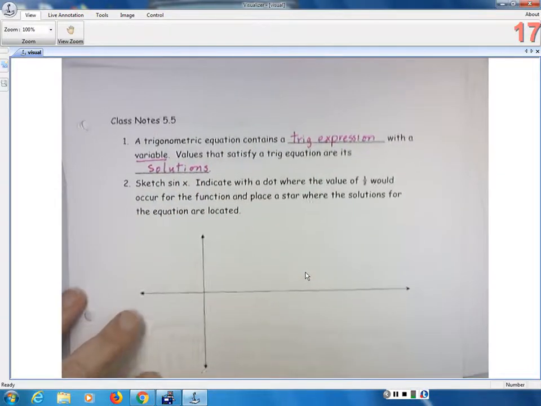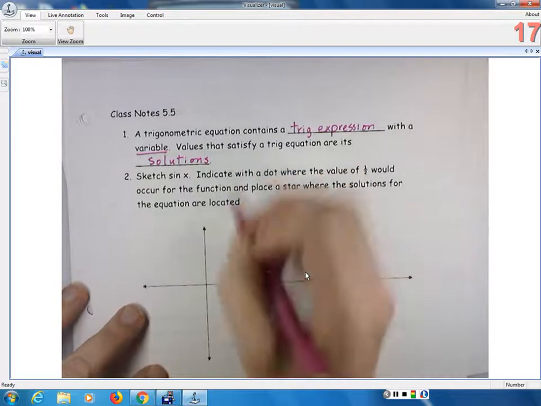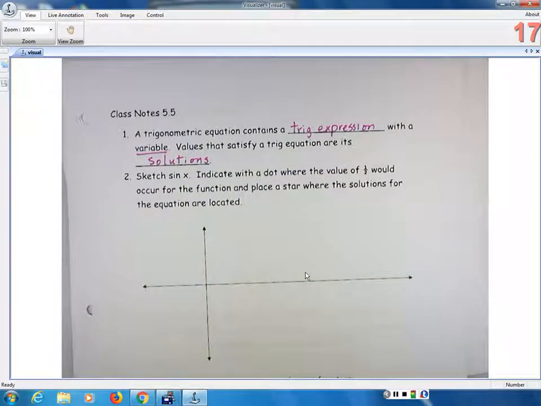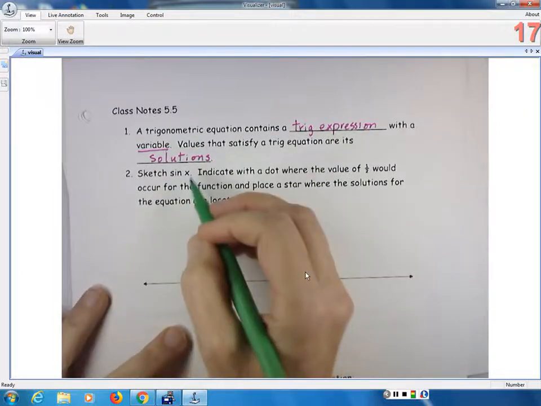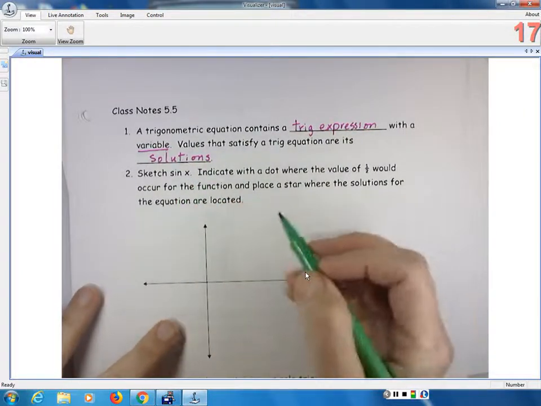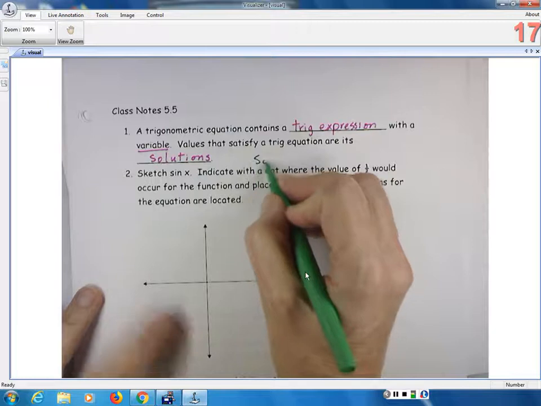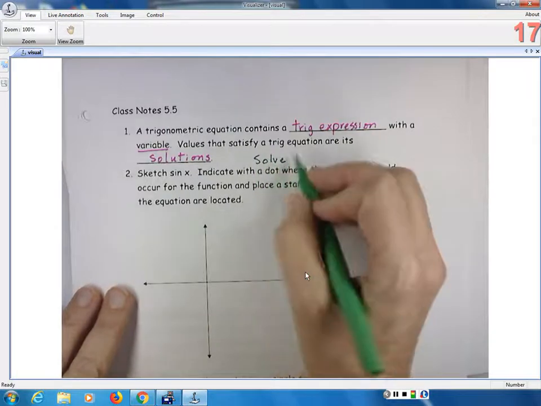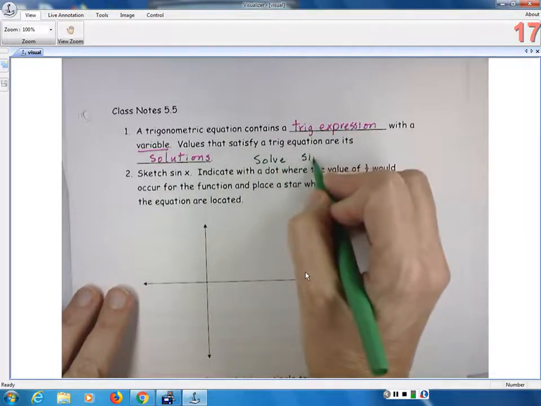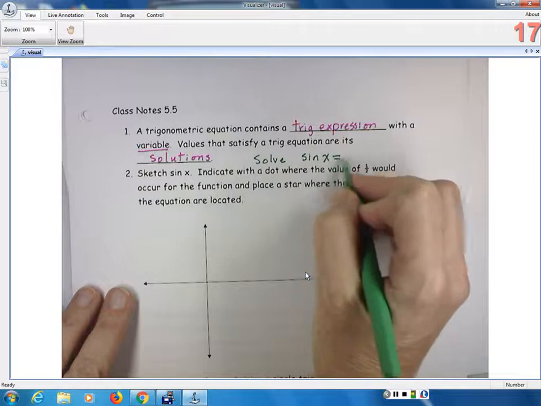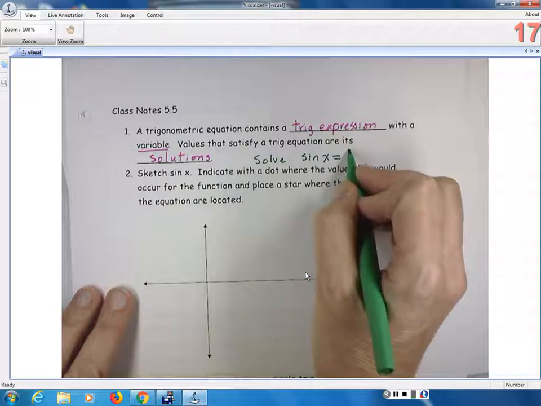Now for the next part, number 2, we're trying to solve with a sketch. We're trying to solve sine x equals 1/2.